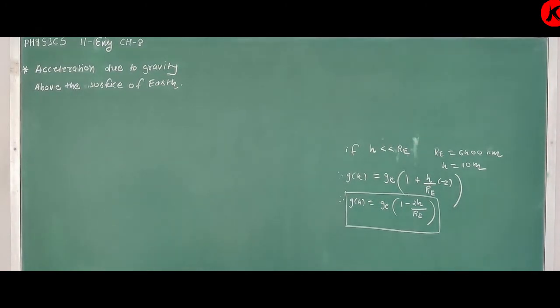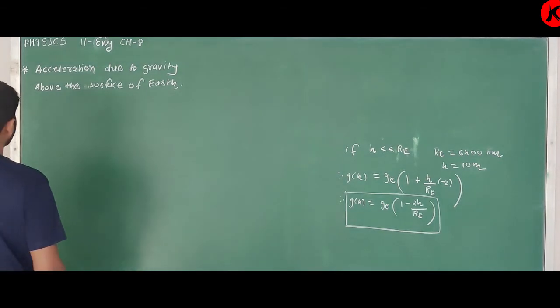See, g_h is equal to g_e times 1 minus 2h upon R_E.